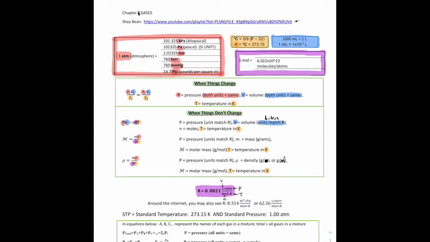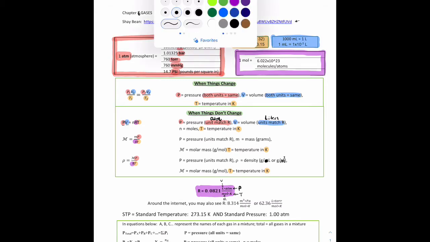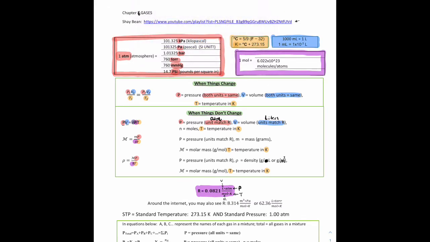Then if you look at your pressure unit, that pressure unit needs to match R. You'll look down over here: atm is what our pressure unit has to be. Now, N being moles, that's probably pretty obvious. So that's N. It has to be moles.